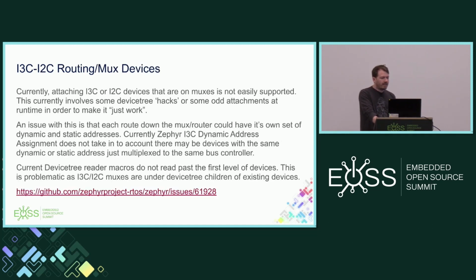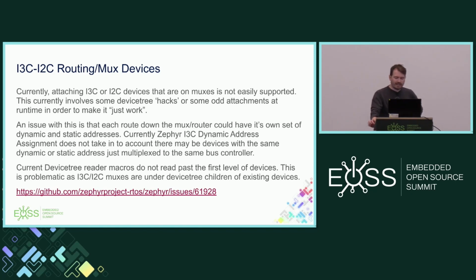All right, so I3C and I2C routing MUX devices. Currently, there are a few entry I2C MUXes, and it is a little difficult to get that working with the device tree macros. There are some ugly hacks just to make it work. I've had to do it myself. I think I've heard other people had to do it as well.